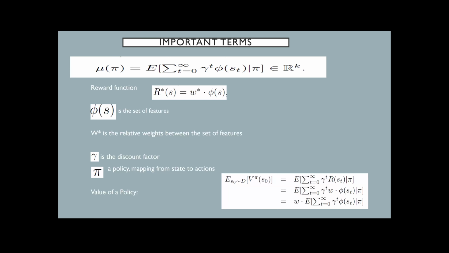You also have a policy pi, that is a mapping from state to actions. And you have mu of pi, which is the expected sum of discounted features after following policy pi. And the value of a policy is given by W times mu of pi.